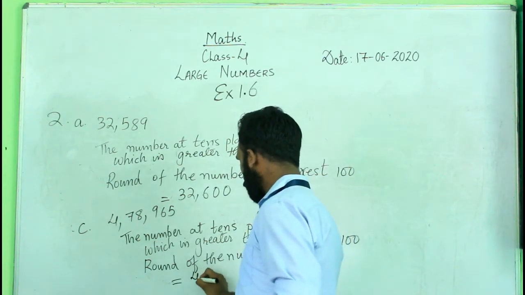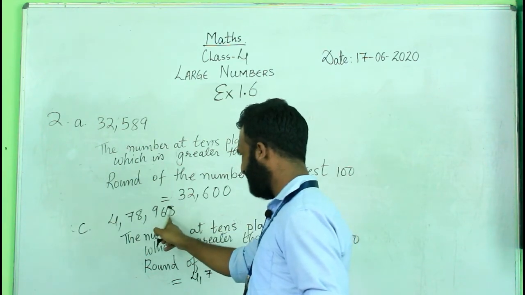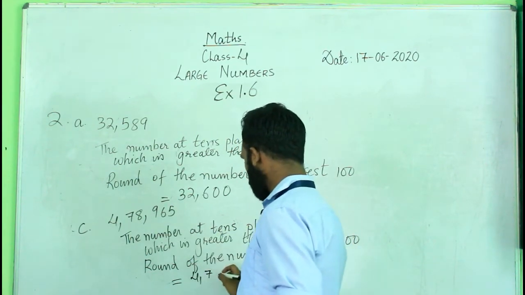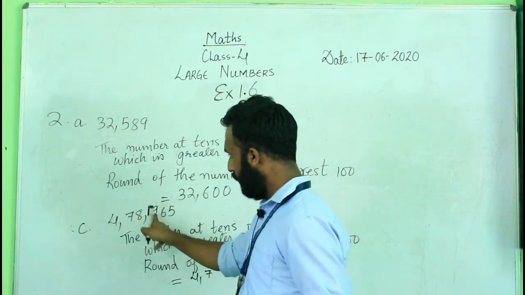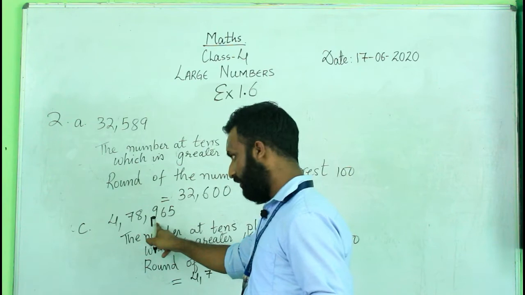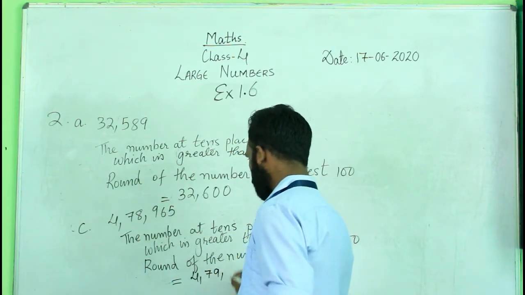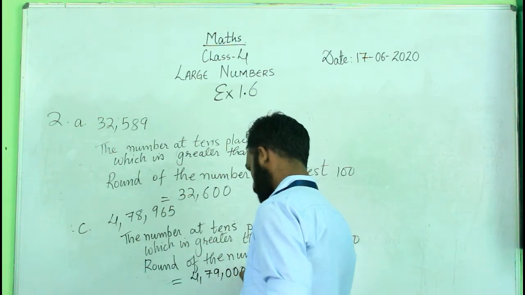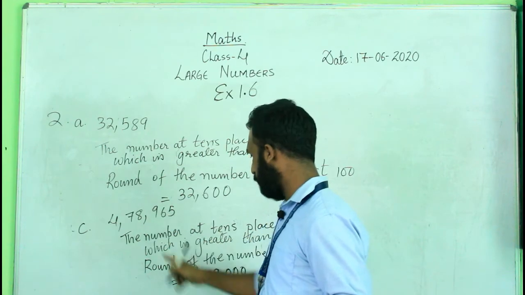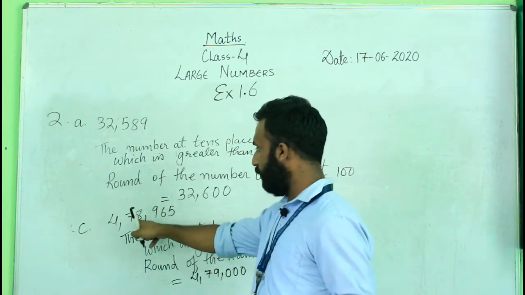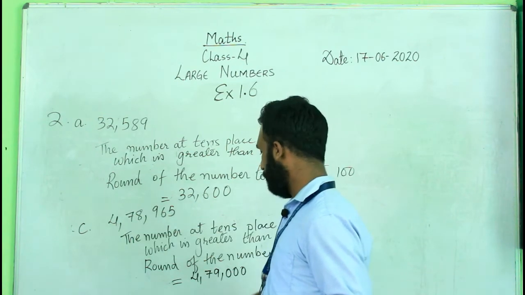So here we have 4 lakh 78, no, first let's change this to 0. It was changed to 0, and if we add 1 to 9 it becomes 10, so 0 and 1 will be carried over here. This also becomes 0 because 9 plus 1 is 10, and 1 is carried over here, so it becomes 79,000.